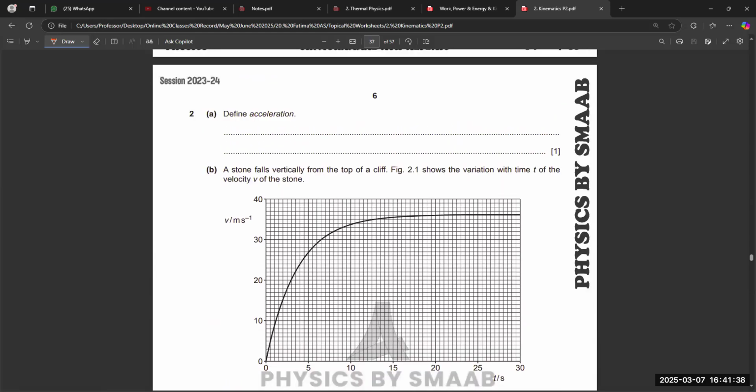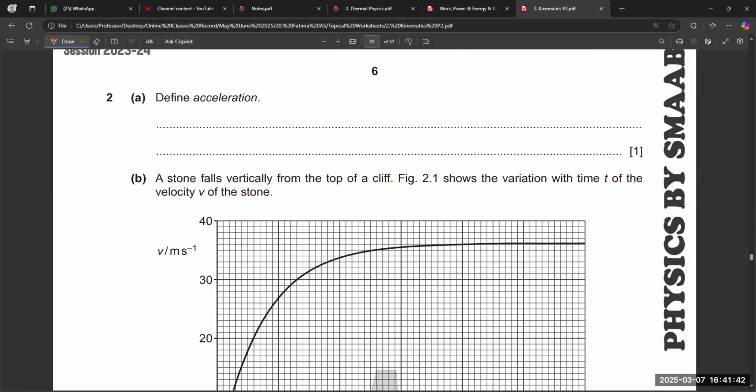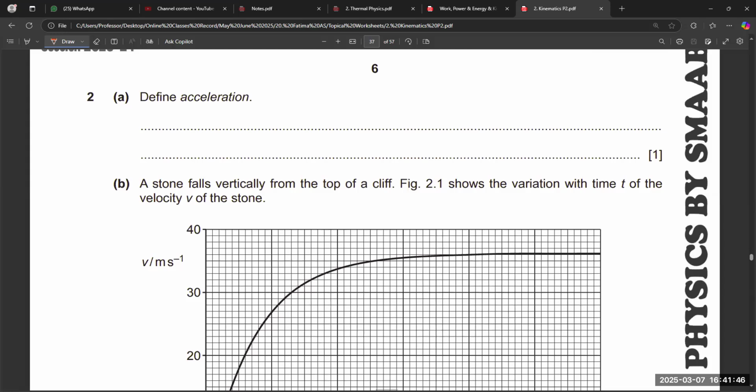Okay, for example, if we consider this question, this is related to graphical representation, and this is also a curve graph, because mostly we are getting a straight line. So this time we have a curved graphical representation. So for example, in this question, we need to explain acceleration.